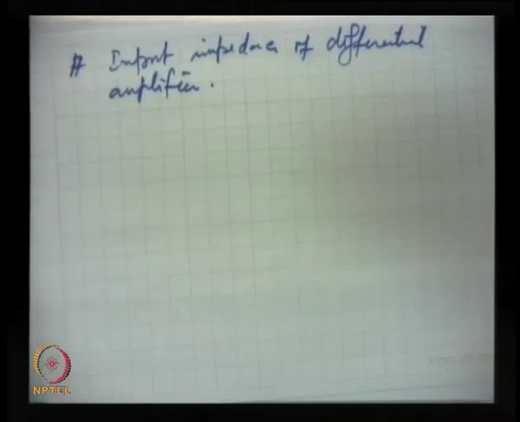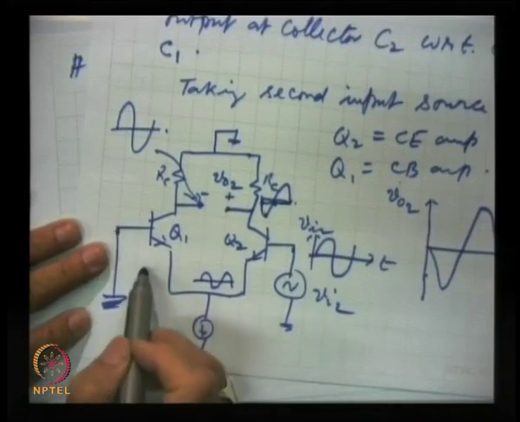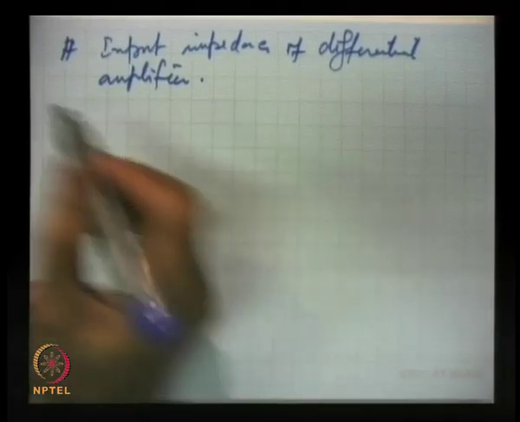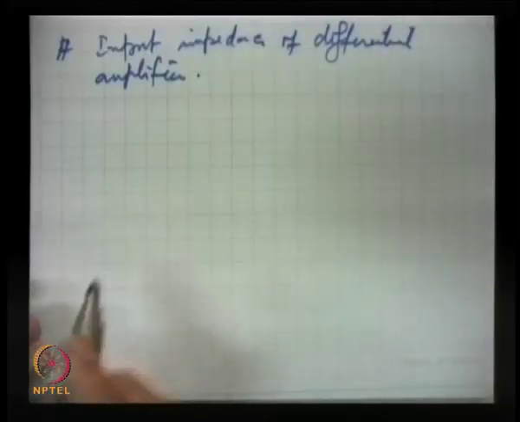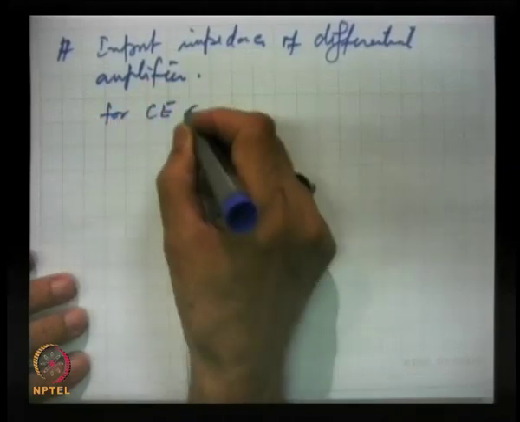So, whether we take the input at Q1 or we take it at the output, it comes out to be the same. And when we measure it here, say at Q1, this is a CE amplifier, common emitter amplifier.